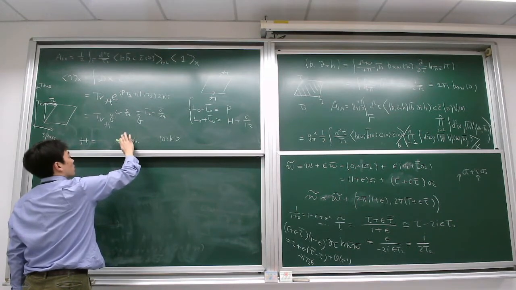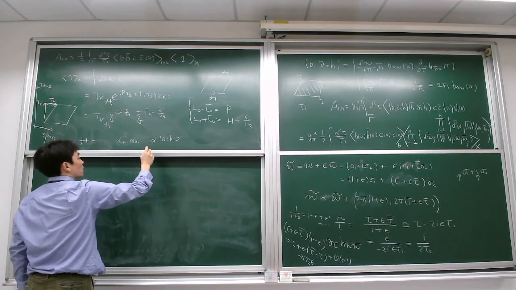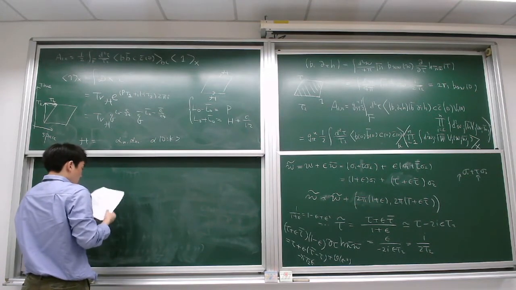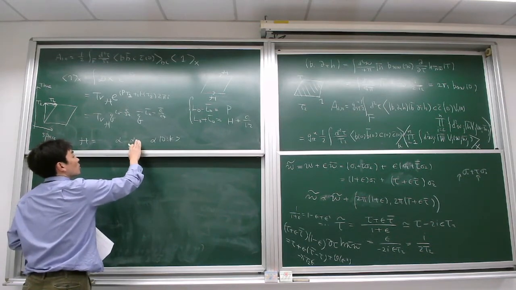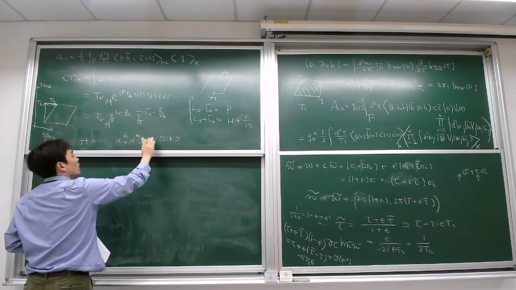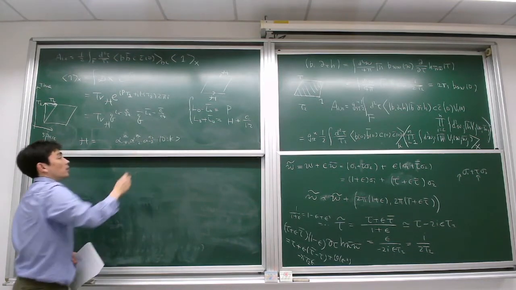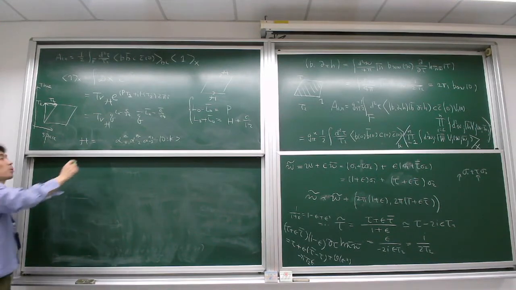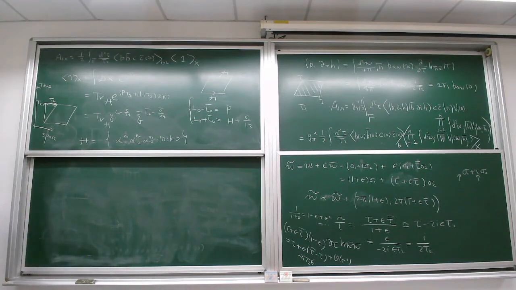You just apply all the alpha minus n1, alpha minus n2, and so on. My notation is different, sorry. You just apply creation operators on the vacuum, and the Fock space is the same as the harmonic oscillator.